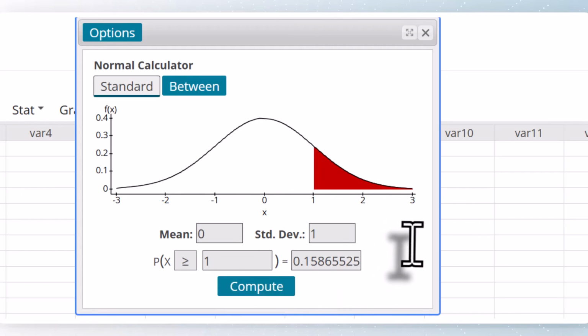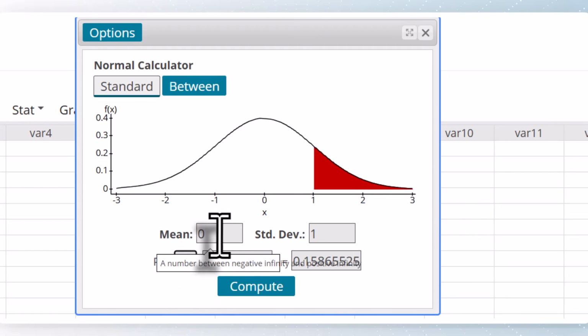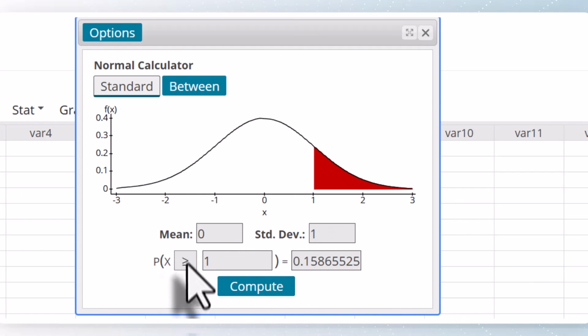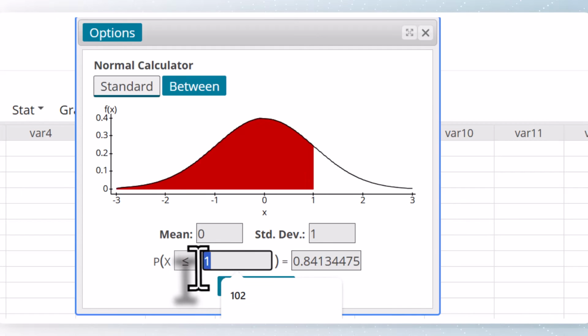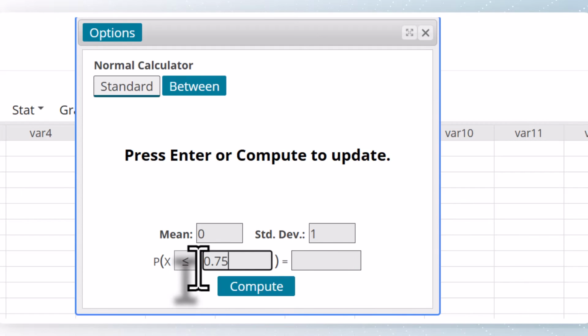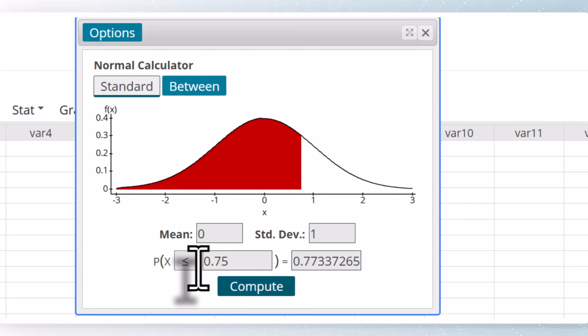Or if he asks you to find the probability of z less than 0.75, you just go here. When it is about z, guys, make sure that the mean is 0 and standard deviation is 1. So less than 0.75. And here you go, compute.